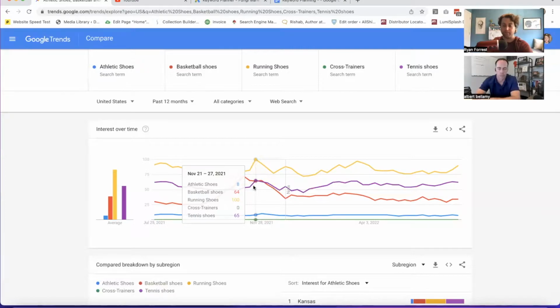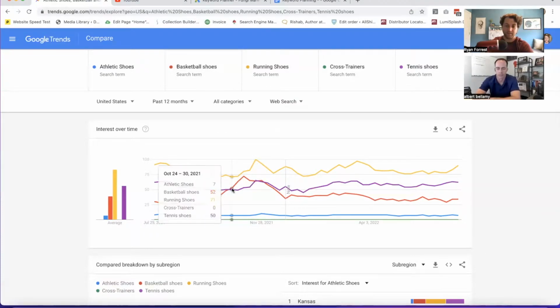Those are our top three types of shoes spiking towards November. So this is not just an SEO and SEM strategy, but also a promotional strategy for a company like that.